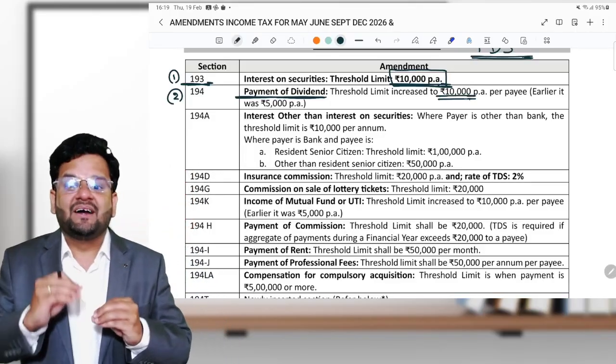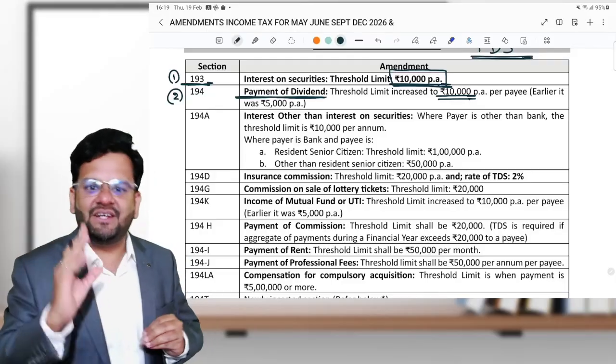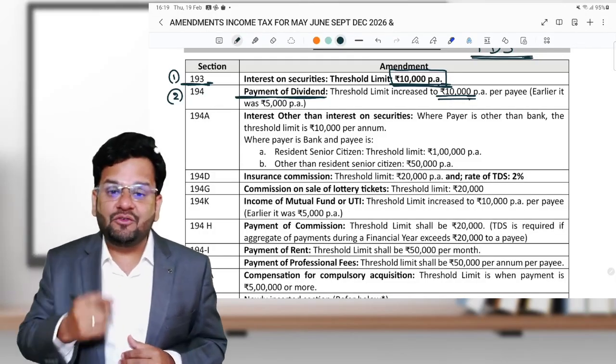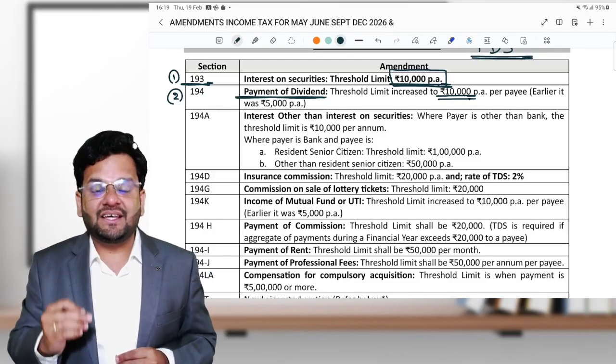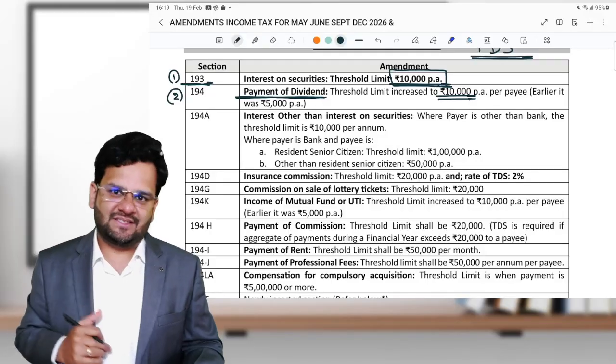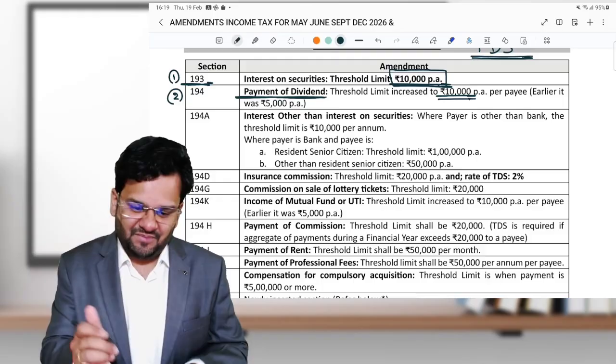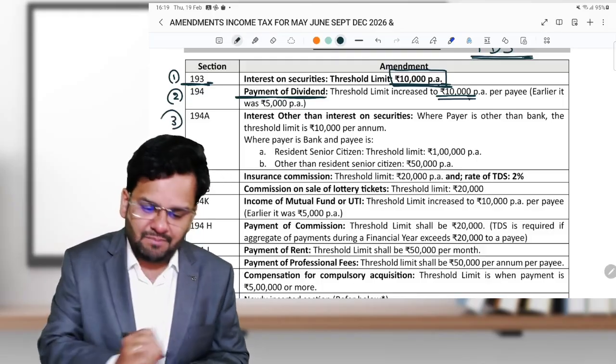So say ITC, that is Indian Tobacco Company Limited, is paying you dividend, and during a financial year that dividend is exceeding rupees 10,000, then they will do TDS on that entire amount. Clear?